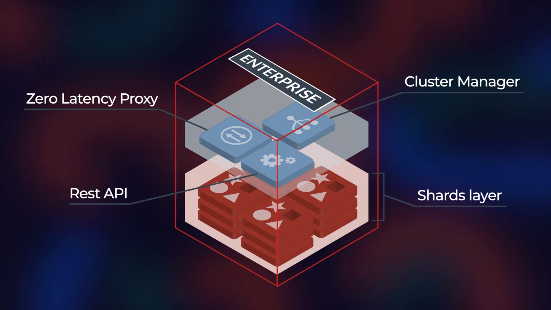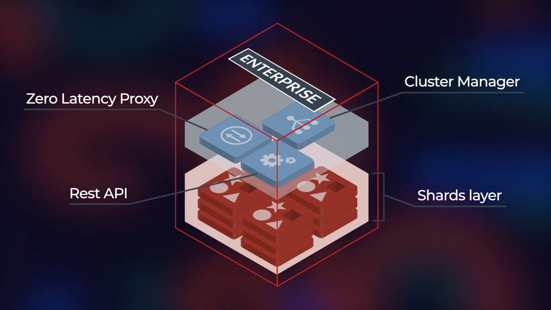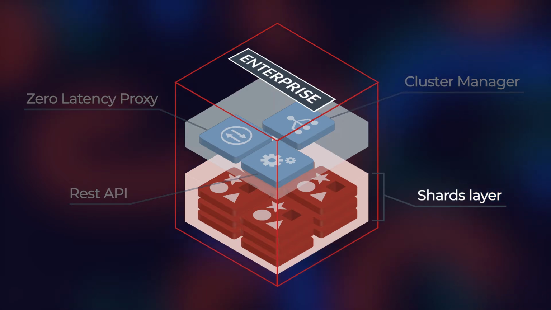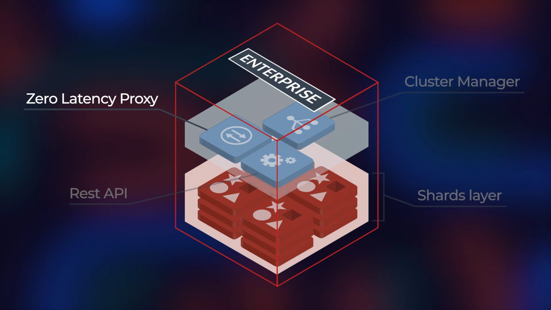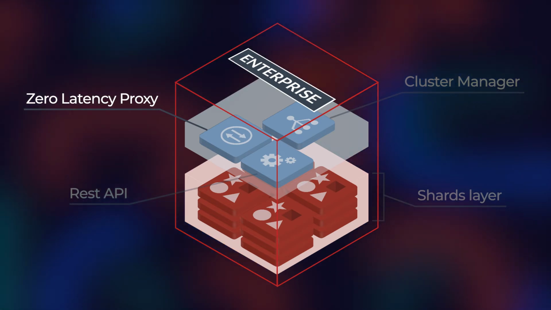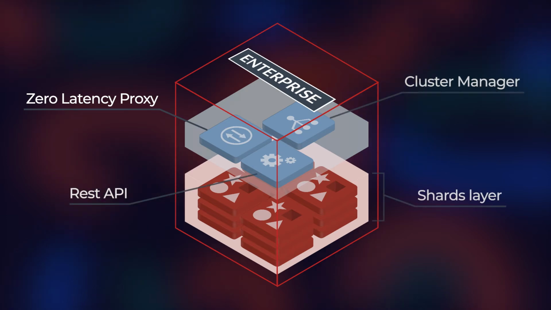There's also a REST API component, but that doesn't concern us here. Simply put, the shards in Redis Enterprise are the data itself, the distributed cluster manager manages the cluster, and the proxy is the intelligence between the application and the data. It keeps track of where all the data is located.